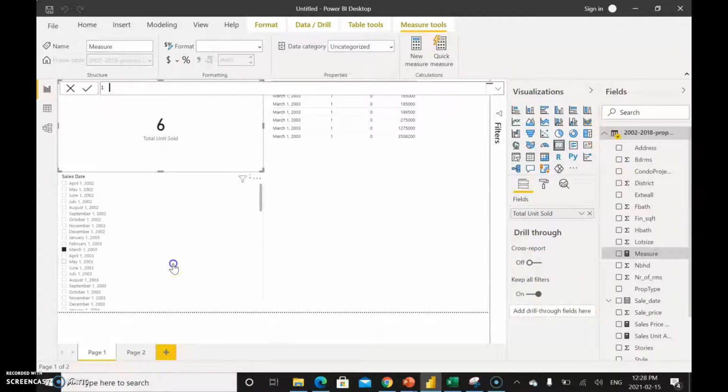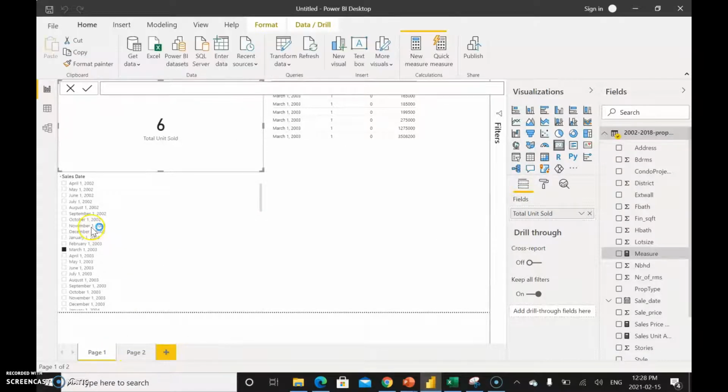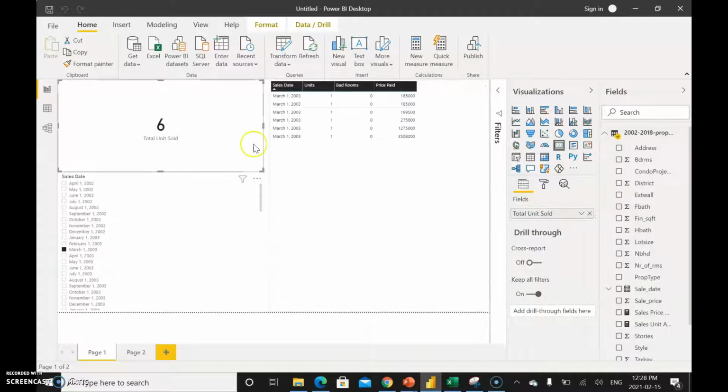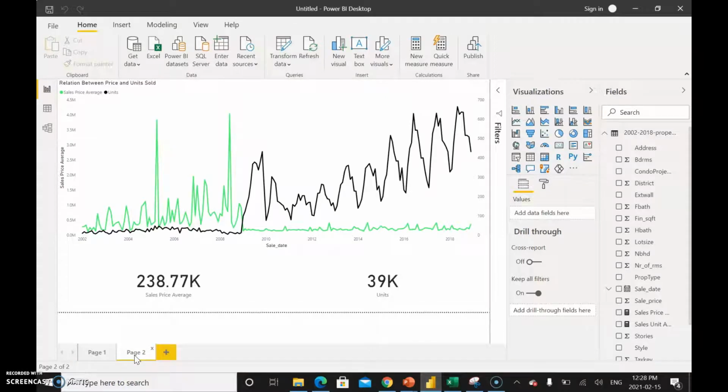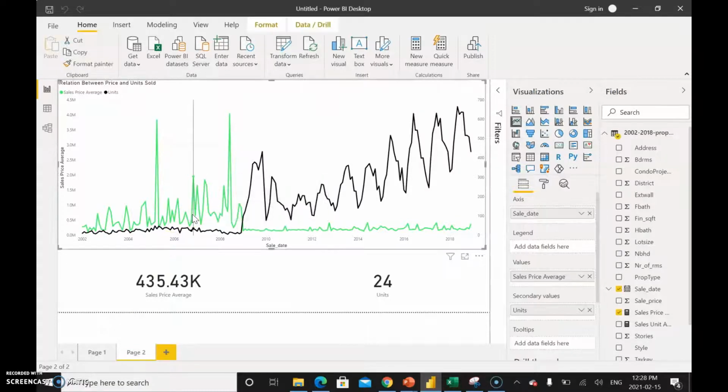So over here we are checking, on March 1st, how much price people paid and how many properties were sold. On the second chart, we are finding a relationship between the sales and the price. For example, at a specific point on the chart, the price for that property was really high.